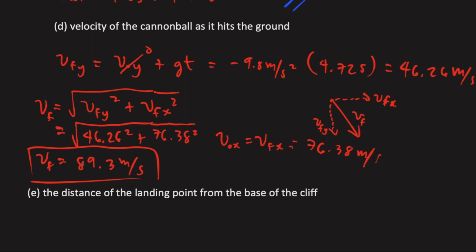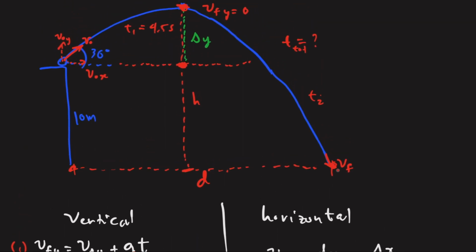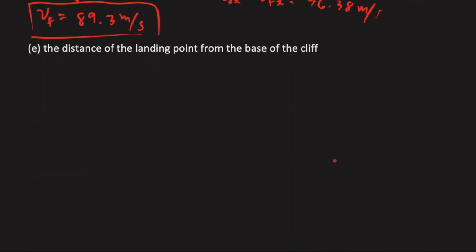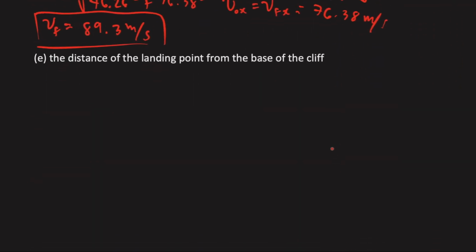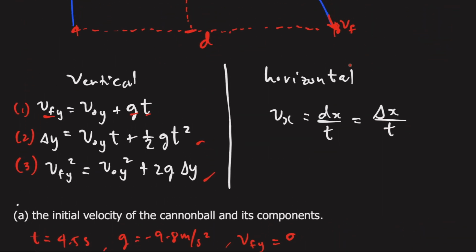Last question. We are asked to get the distance of the landing point from the base of the cliff. So this is what we're looking for, the distance from this point up to this point. That's actually the x component of displacement, or d. Since we know that in the x-axis velocity is constant, we can just use the equation for the horizontal components.